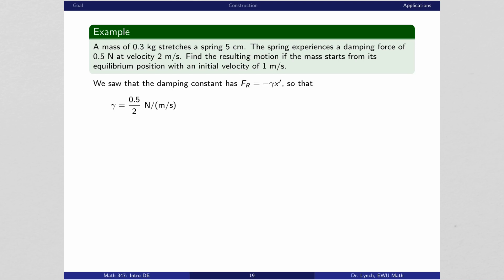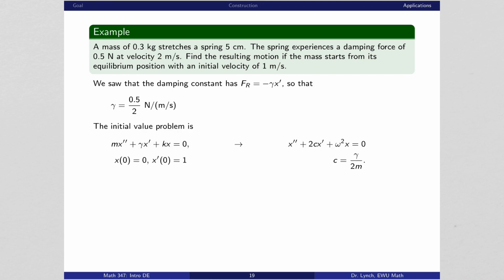And if we want to identify the resulting motion if the mass starts from its equilibrium position with an initial velocity of 1 meter per second, we'd like to solve the initial value problem mx double prime plus gamma x prime plus kx equals 0, where x of 0 is given by 0. Initial position is 0, the equilibrium position, and an initial velocity of 1 meter per second, x prime of 0 is 1.